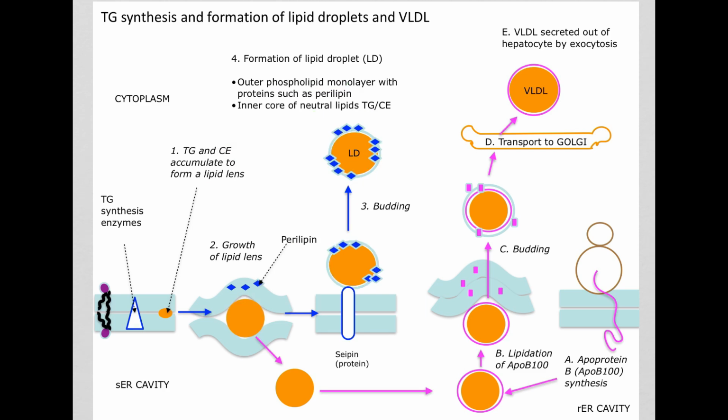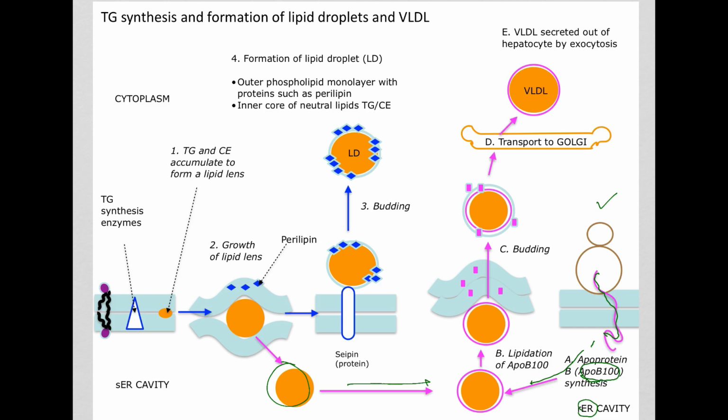In hepatocytes, in the liver, we will see that the liver will make a protein. In this case, for VLDL, it will make the protein ApoB100. This protein is made in the rough endoplasmic reticulum. This protein will then combine with the lipid droplet.